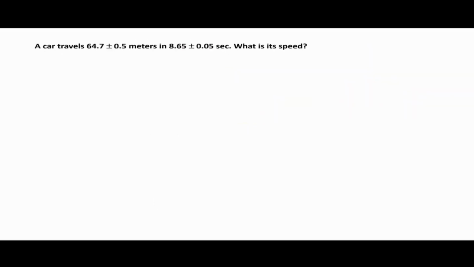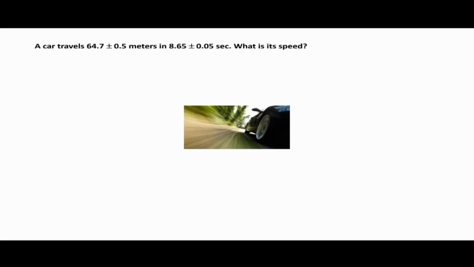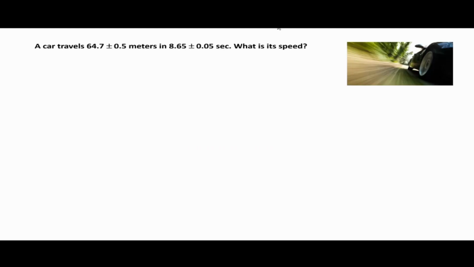For our next problem, here we are going to propagate the errors that we obtain in our measurements. A car travels 64.7 plus minus 0.5 meters in 8.65 plus minus 0.05 seconds. What is its speed? So we have the given distance traveled by the car, 64.7, with an uncertainty of 0.5 meters.